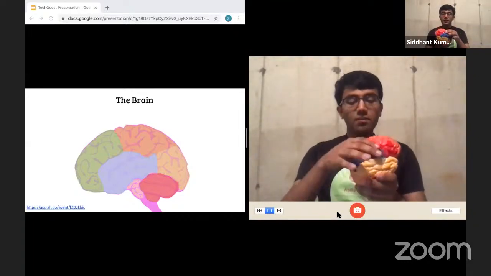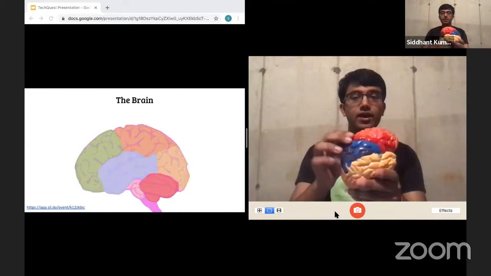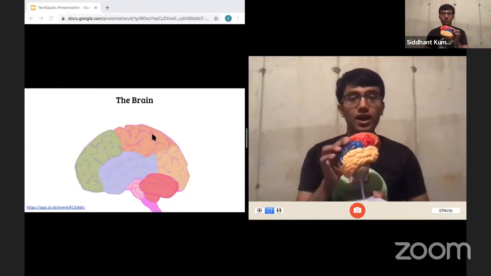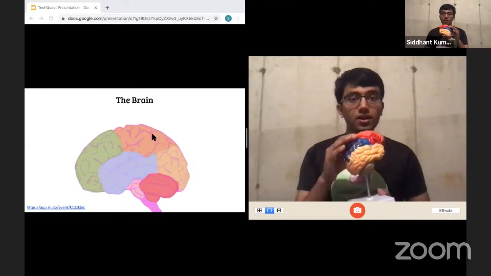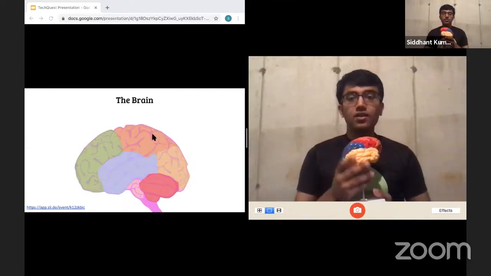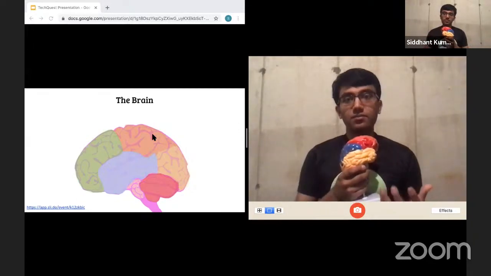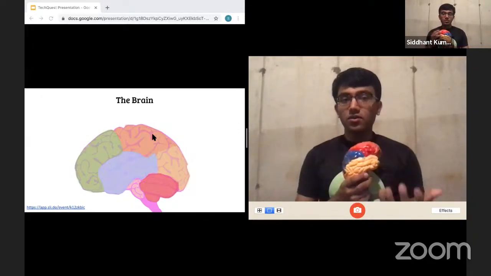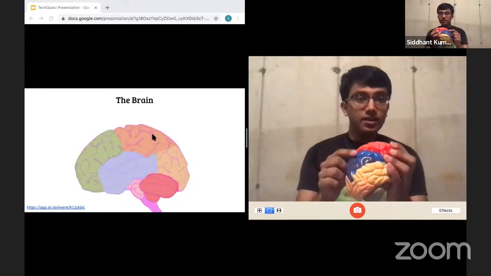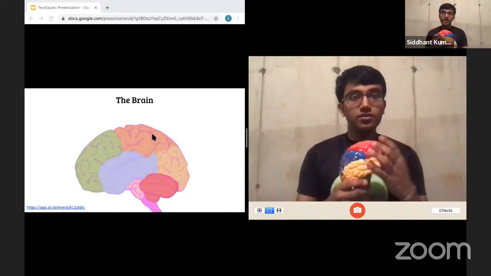On top of that, behind it, right here in the orange region, we have something called the parietal lobe. The parietal lobe allows us to feel things, to be able to touch. So if we ever feel something like slime or something mushy or gooey compared to something hard, the parietal lobe right here is allowing us to detect that.